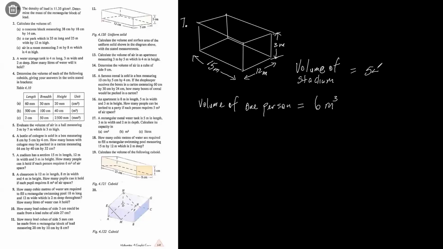So that'll be 540 meter cube. It's meter cube. Volume is three things. Area is two. Volume is 3-dimension. Area is 2-dimension. So we found the volume of the stadium, correct? How are we doing next?